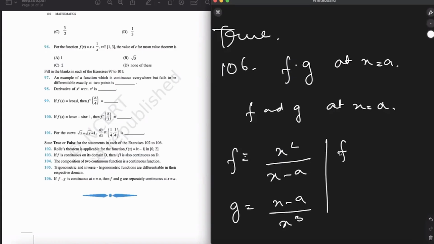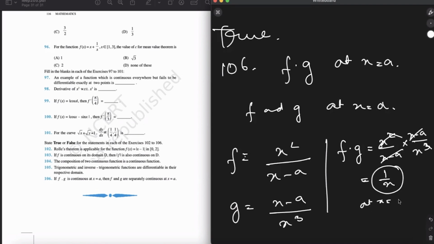Now, when you find f dot g, it is x square upon x minus a into x minus a upon x cube, which will be 1 upon x. Now this is continuous at x = a. This was continuous, I agree. But was f continuous at x = a? No.